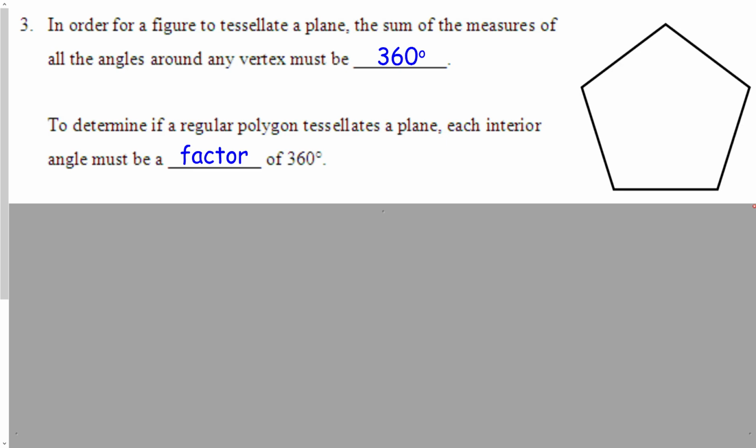So if we want to find, let's say we call this A, the measure of that interior angle, hopefully we remember back, the total number of degrees for all the interior angles would be 180 times (n minus 2). But now if we just want to find one in a regular polygon, we don't divide by 2, we divide by n. Keep in mind, n represents the number of sides.